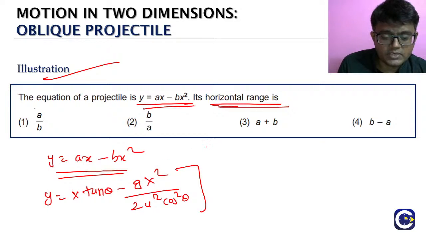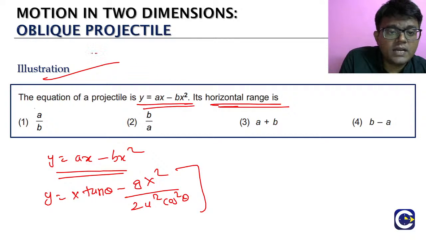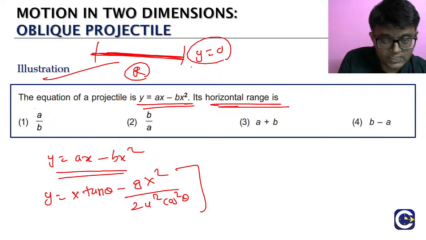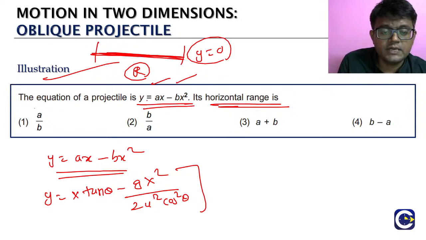That is one approach. Otherwise, we can do it in one more quick method. What is the horizontal range? The x direction displacement when the vertical displacement is 0. So vertical displacement should be 0, right? The equation of the projectile is the relation between the y coordinate value and the x coordinate value.